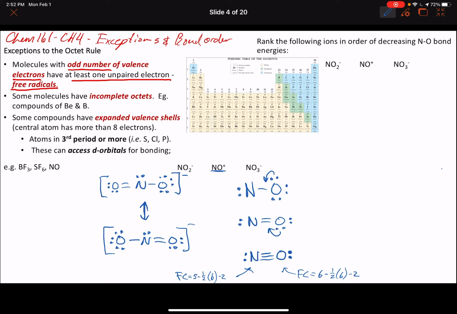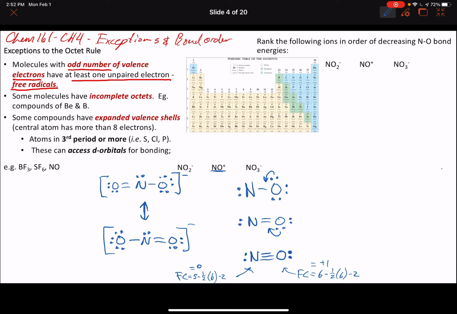And so you can see that the formal charge on the oxygen is going to be positive 1, and the formal charge on this nitrogen is 0.